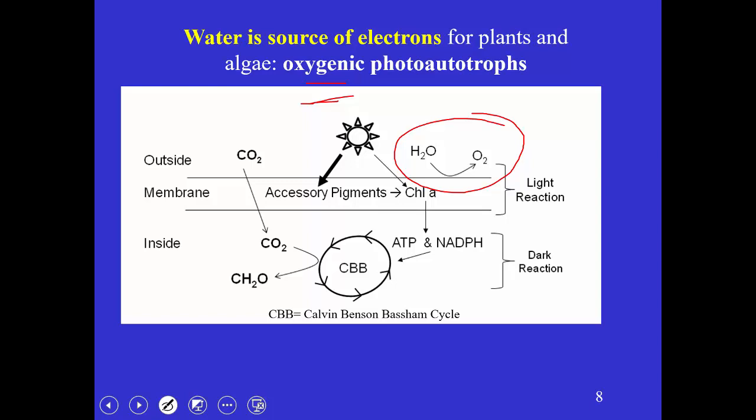But I want to draw the parallels between what's happening with photosynthesis driven by light energy versus the chemoautotrophy that's driven by the oxidation of inorganic compounds. So all this is the same in the sulfide-oxidizing bacteria. What's different and really crucially is where those electrons are coming from.